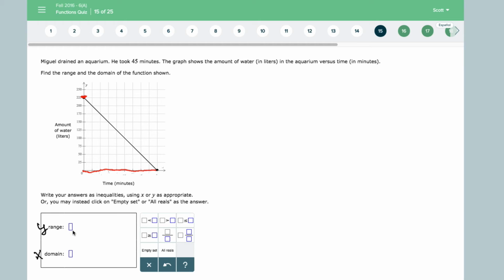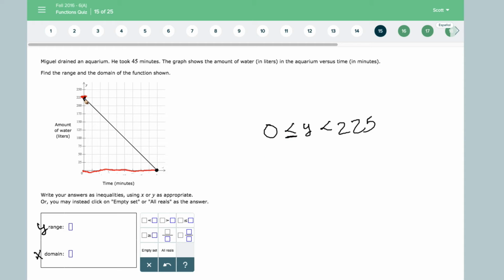So our range is 0 and 225. There's a line, so it's not a list, which means we have y in the middle, less than, less than. Now is this a filled in circle right here? Yes it is. So I'm going to put that right there.